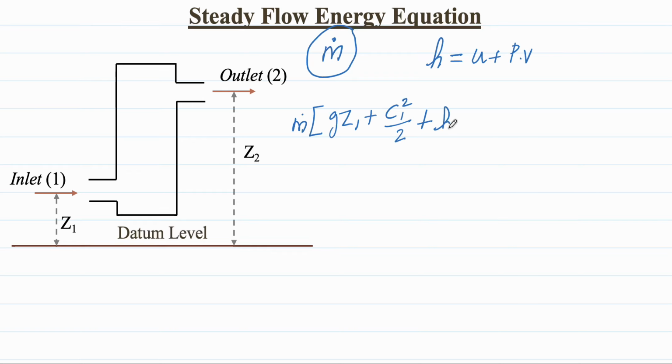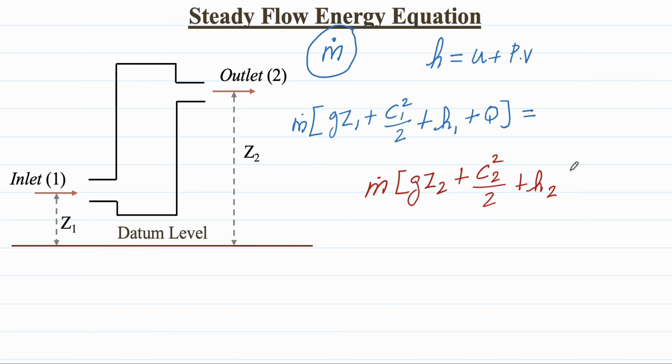So we can write it as enthalpy at the inlet H1 plus Q equal to m dot times gZ2 plus C2 square by 2 plus enthalpy at the outlet H2 plus work done.